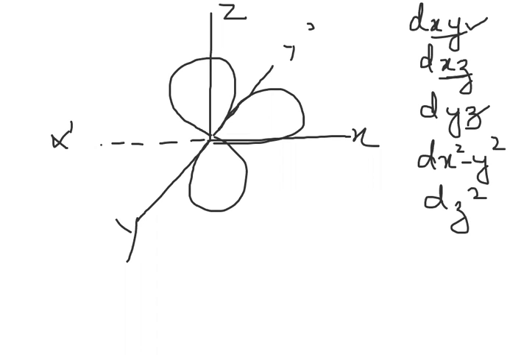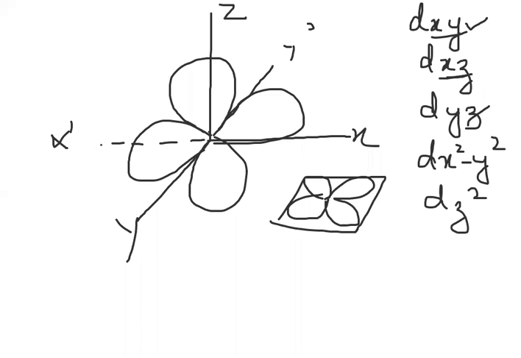That is, they are not along the axis, but they are between the x and y axis. So suppose this is the x and y plane I'm talking about, then the lobes are like this. This is the z that is going across. So it is along the x and y plane.